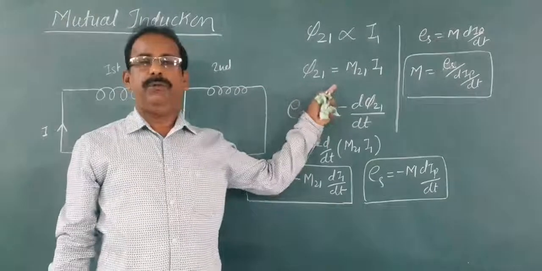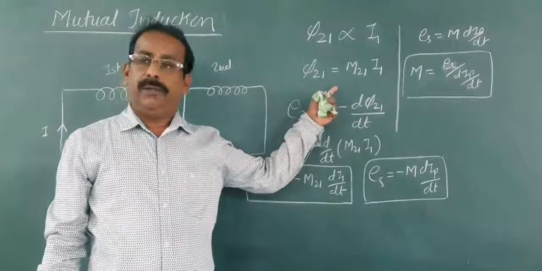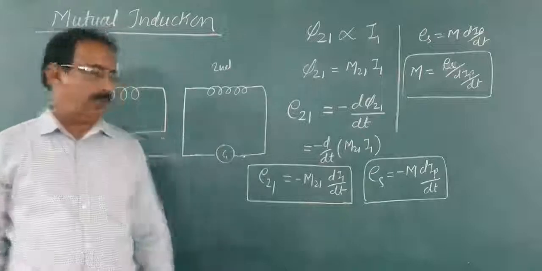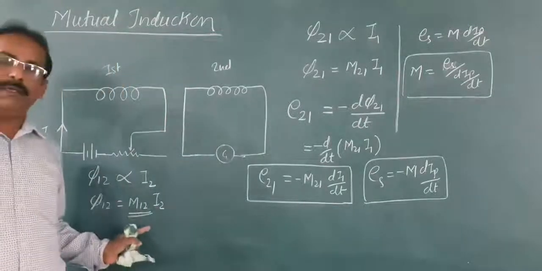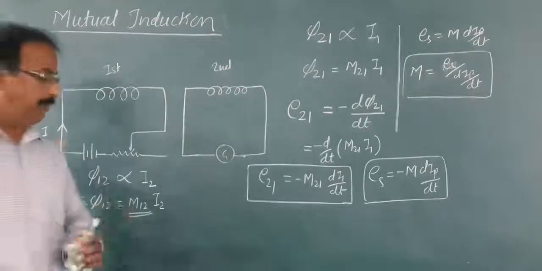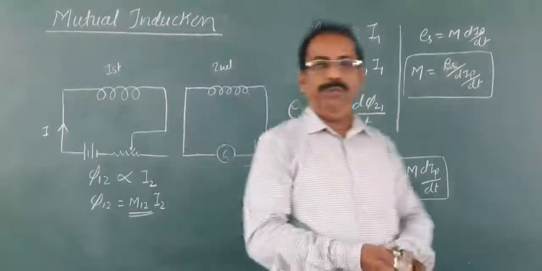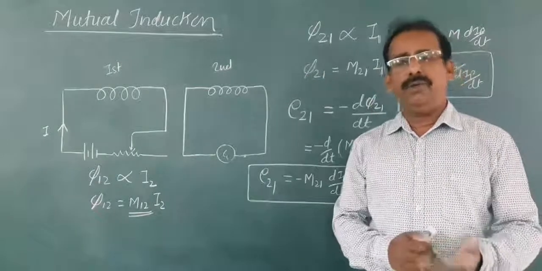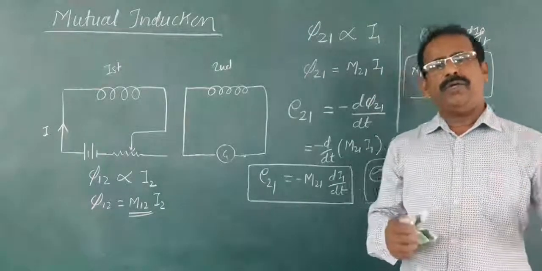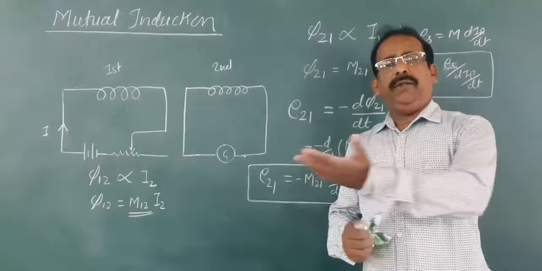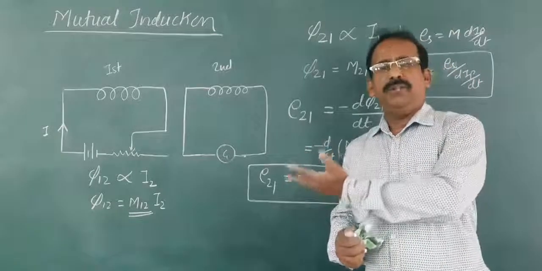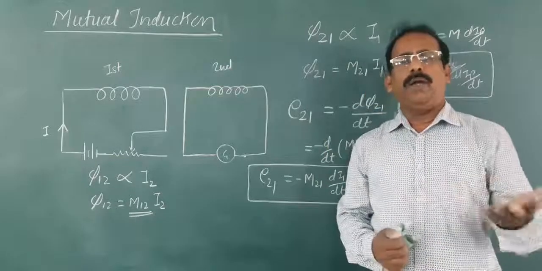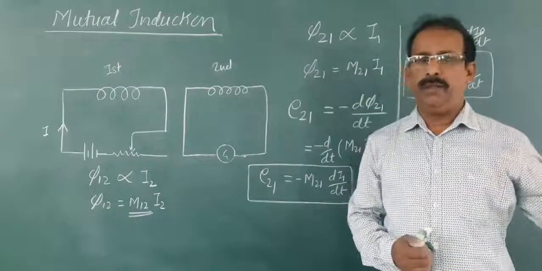From this equation, you can write M21 equals ∅21 upon I. From this equation, you can write M12 equals ∅12 upon I. Means the coefficient of mutual induction, or mutual inductance, is also the ratio of magnetic flux passing through one coil to current passing through the neighboring coil.